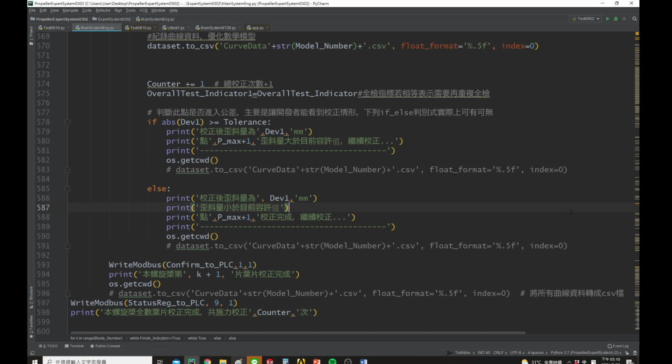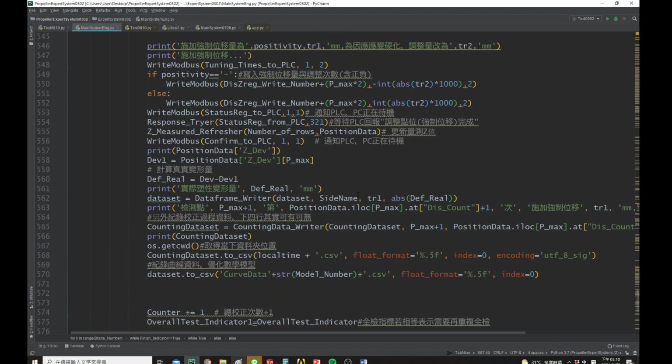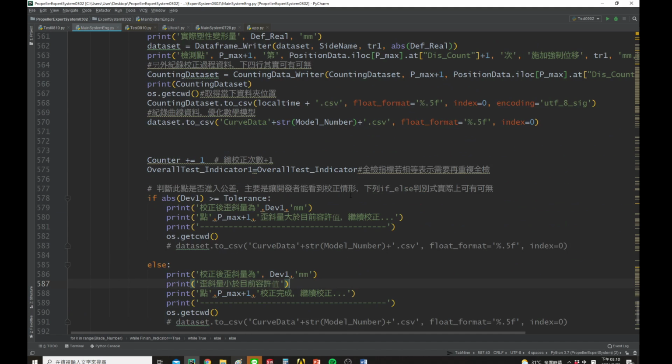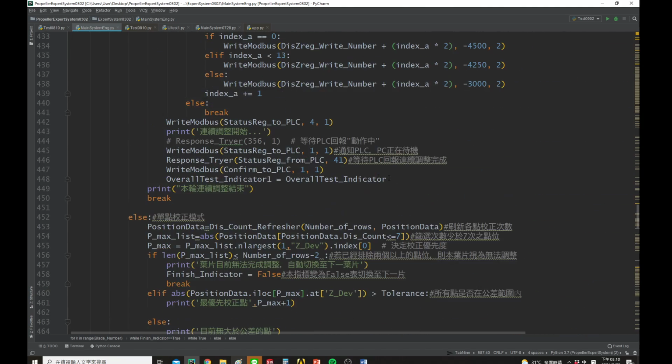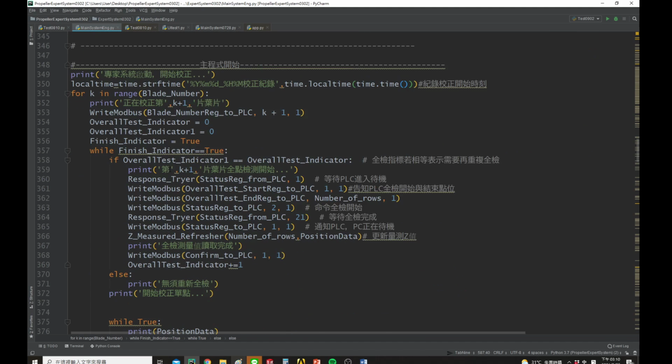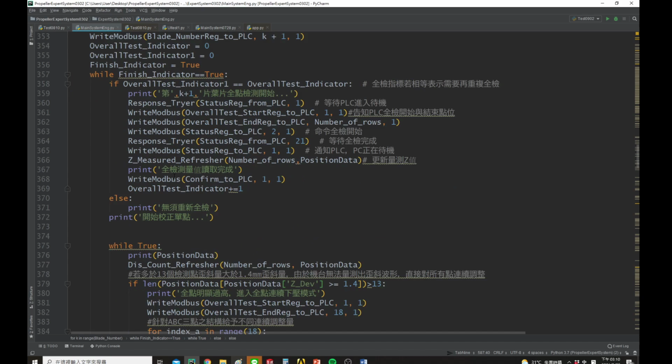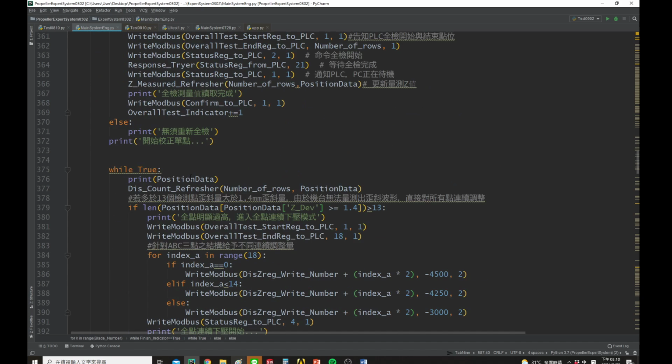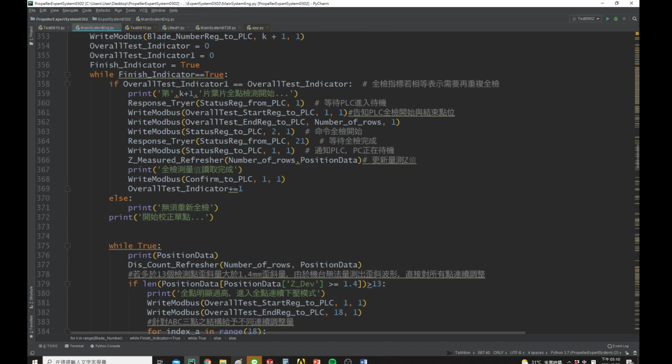After all these codes, it goes back to the beginning of the loop here.